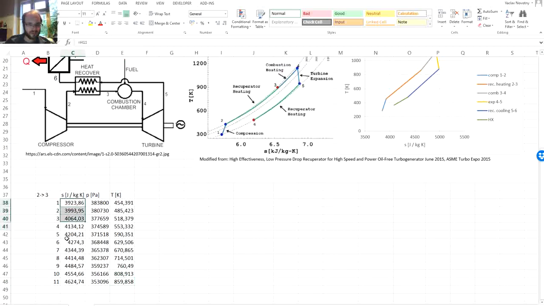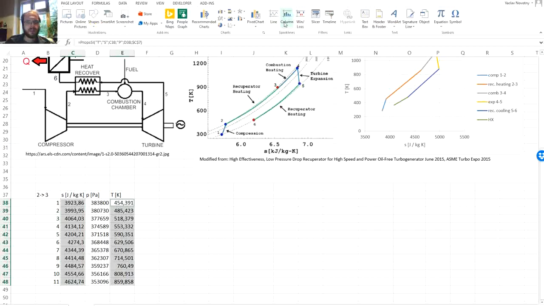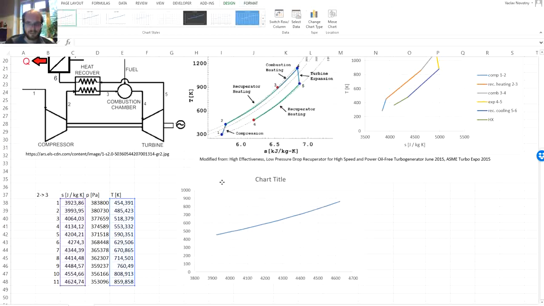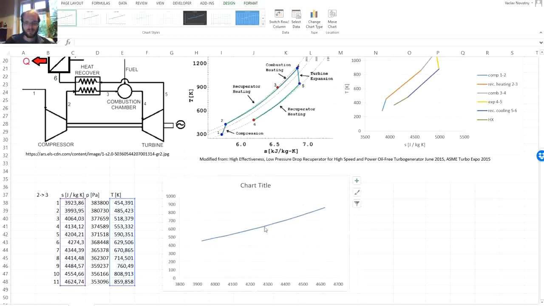Now we can take the entropy and temperature. It doesn't really matter much in the visual representation here if it's the smooth line or the scatter plot with the straight lines. And we have this first change.